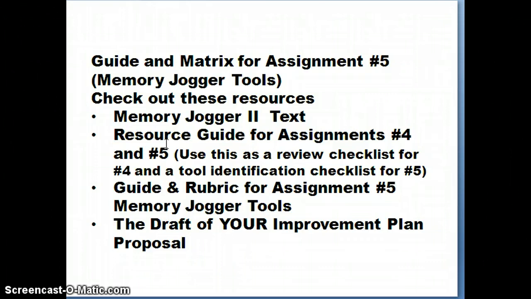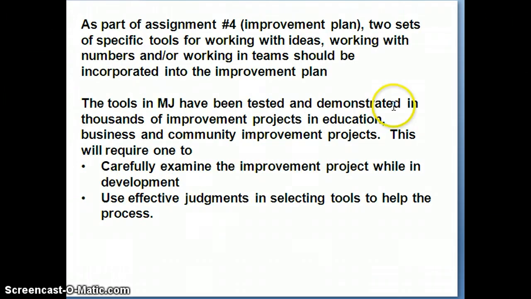Again, a Word document available on Moodle, and it will go through the process in a little more detail. And finally, you're going to use the draft of your improvement proposal. By the time you get to this, you will already have completed at least one draft and maybe a draft of 2 sections of that guide. You're going to need to look at those as you get into this process.